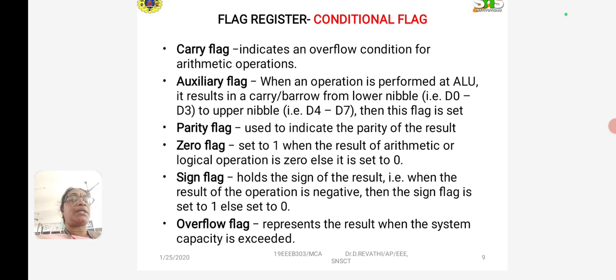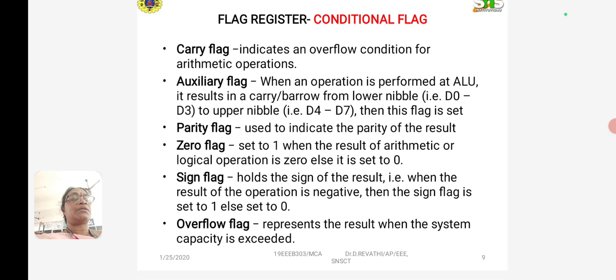The parity flag is used to indicate the parity of the result, odd parity or even parity. The zero flag is set to 1 when the result of an arithmetic or logical operation is 0, else it is set to 0.